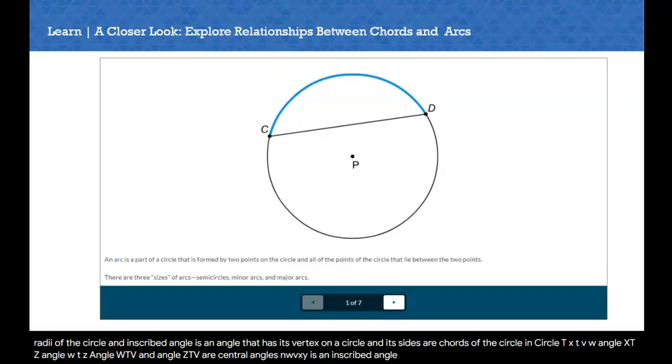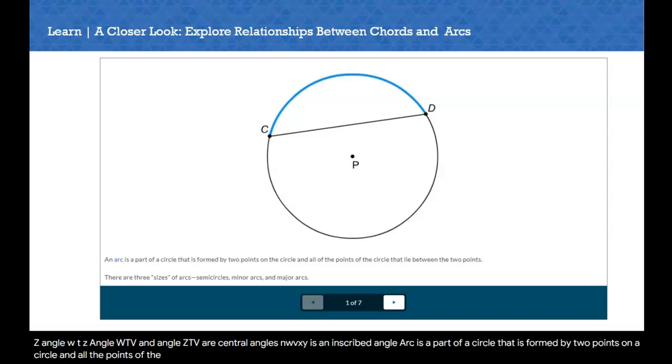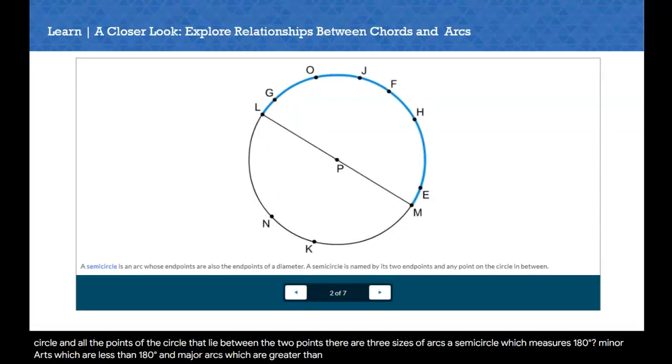An arc is a part of a circle that is formed by 2 points on a circle, and all the points of the circle that lie between the 2 points. There are 3 sizes of arcs: a semicircle, which measures 180 degrees, minor arcs, which are less than 180 degrees, and major arcs, which are greater than 180 degrees.